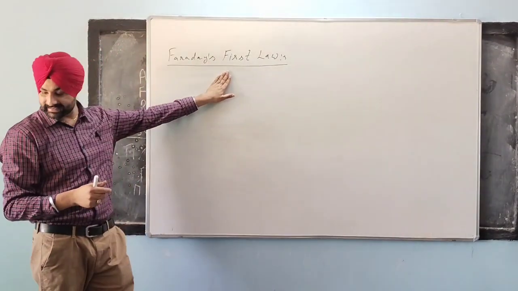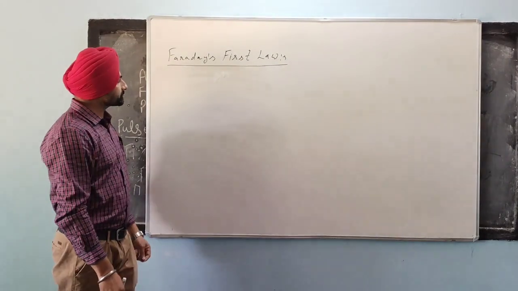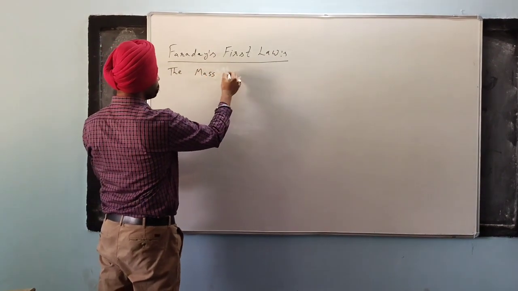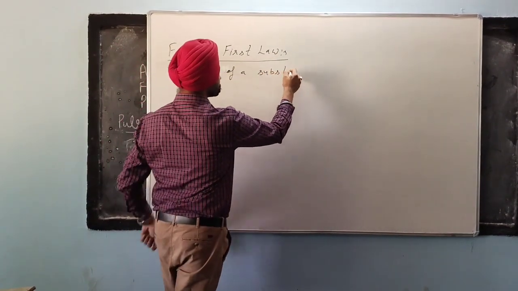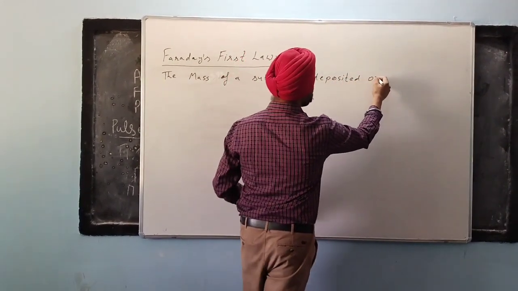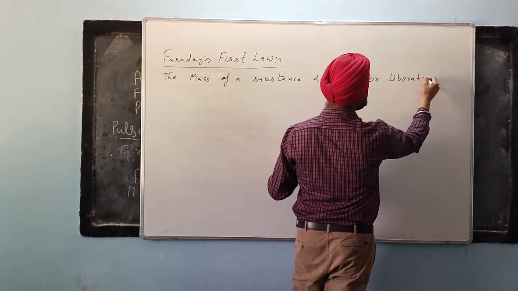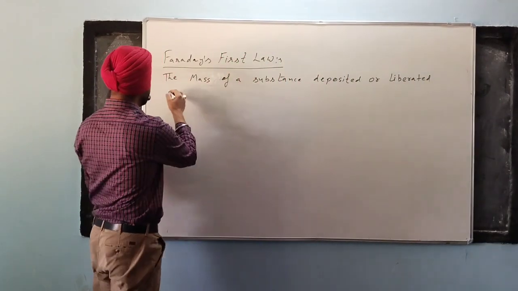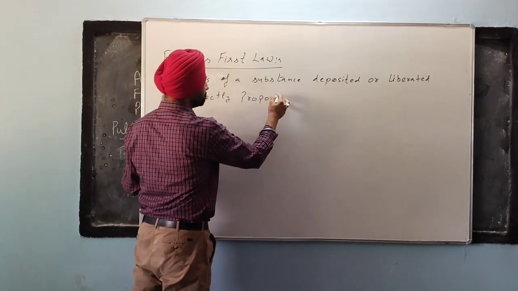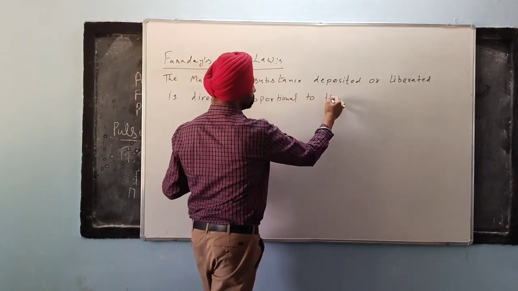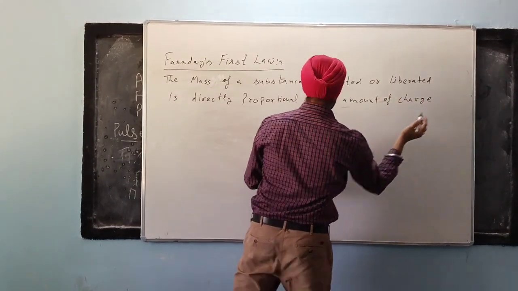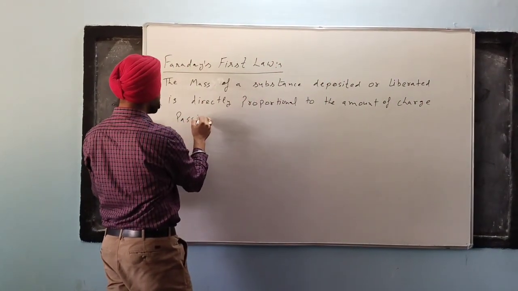So the first law of Faraday says that the mass of a substance deposited or liberated on any electrode is directly proportional to the amount of charge passing through it.